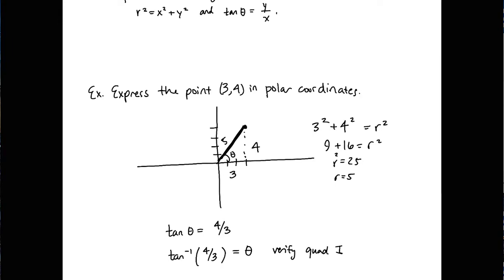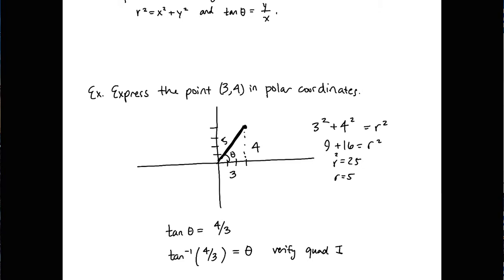Our calculator is going to give us some angle that has this tangent, but when you use your calculator, it's only going to return a quad 1 or a quad 4 for tangent inverse, and you might have to manually adjust what your calculator tells you. So when I hit tangent inverse, I need to be on the lookout to check that the angle given is in fact quad 1. My calculator is in degree mode. It's telling me 53 degrees.